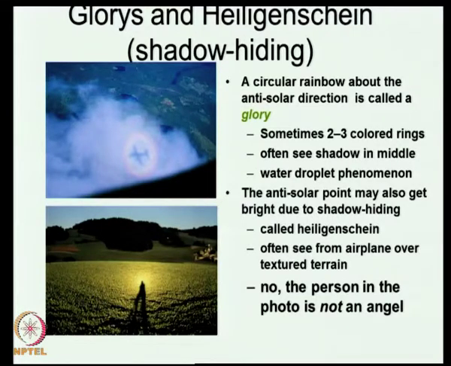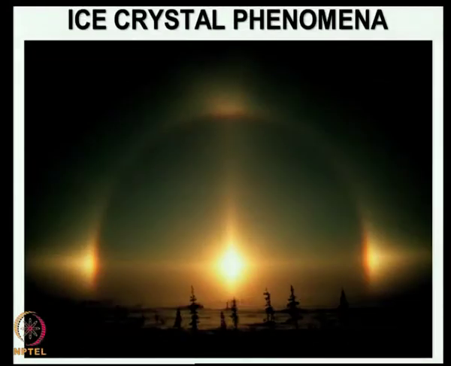The glory, as you saw, is a scattering phenomenon. This is not so common, very often observed through the flying aircraft. And here is a very nice picture of the pillar near the sun and the two sun dogs, clearly visible as well as the upper arc here.